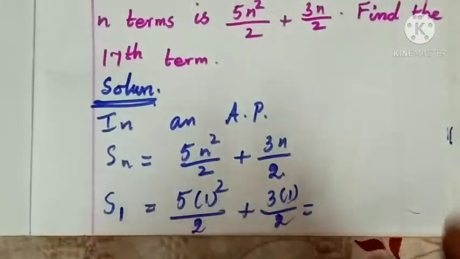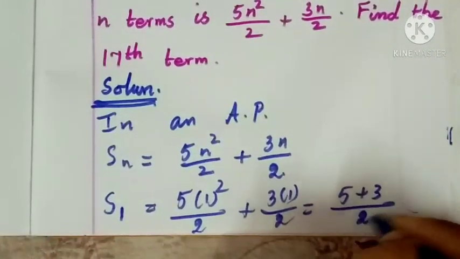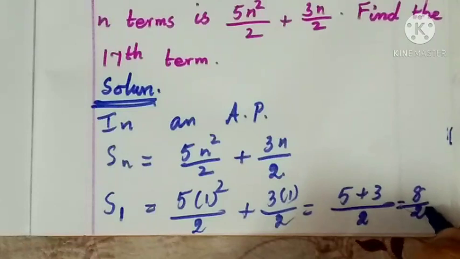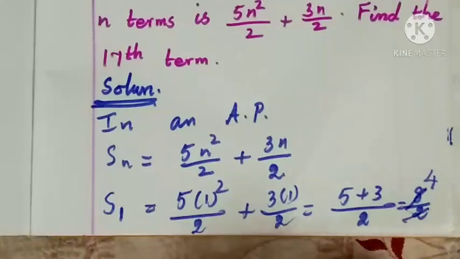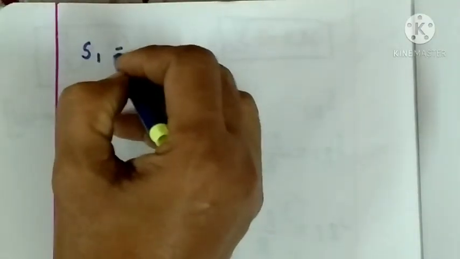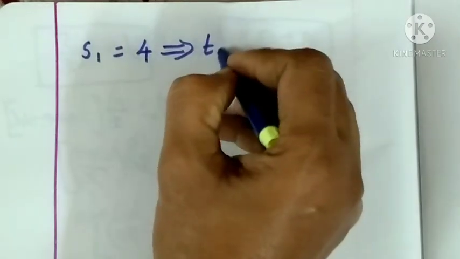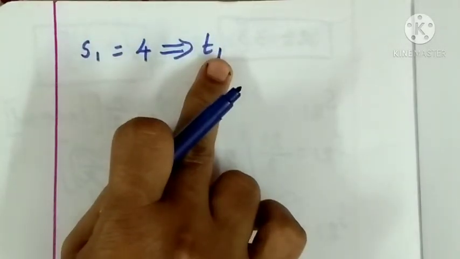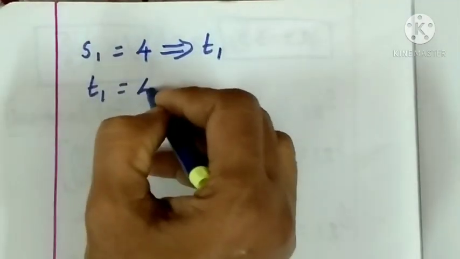Now simplify this, means we get 5 plus 3 by 2 because here 2 is a common factor. Therefore we have 8 by 2. Now cancel this, 1 2 is 2, 4 2s are 8. Therefore the value of S1 is equal to 4, which implies T1, because the sum of the first term and the first term of the AP are the same. So, T1 is equal to 4.